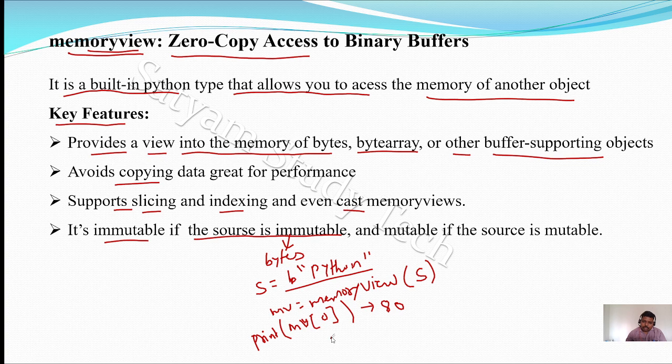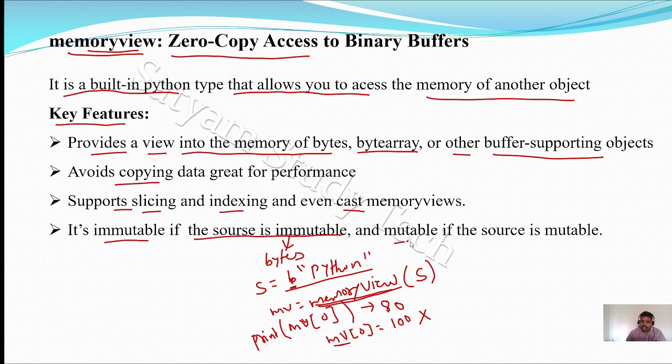Now if you try to modify mv of 0, for example to 100, it is not possible, because the memoryview here is over a bytes type. Bytes is an immutable type, so the memoryview is also immutable; you cannot change it.